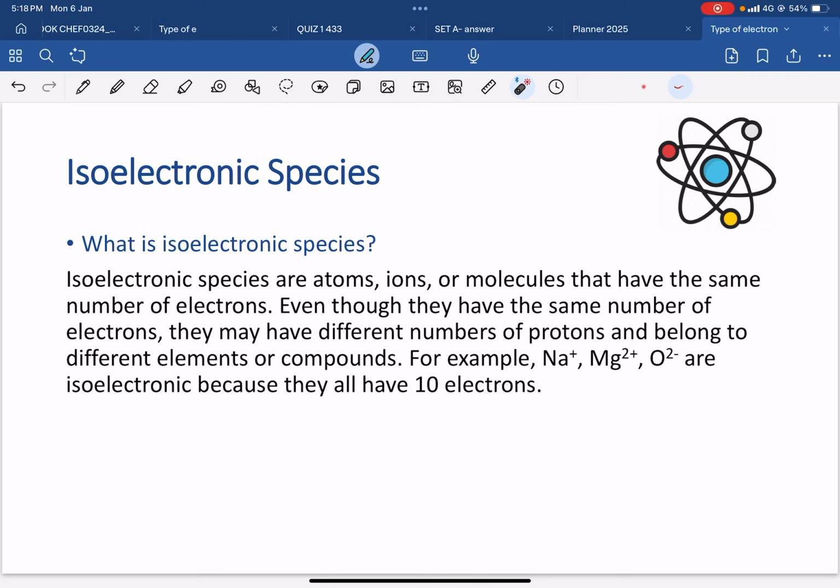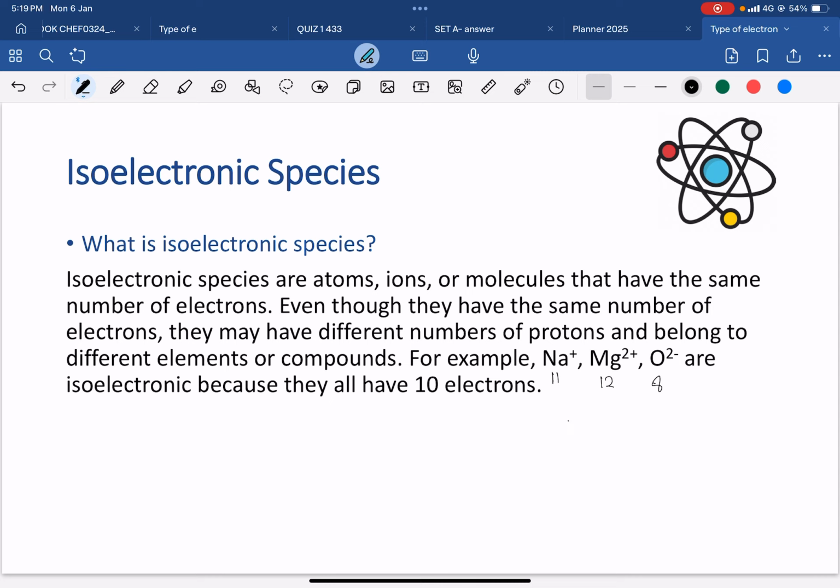They are isoelectronic because they all have 10 electron. Okay, they have 10 electron, but then kalau kita tengok, Na ada 11 proton, magnesium ada 12 proton, oxygen 2 minus ada 8 tak silap. Yeah. Okay, so 8 proton. So nampak tak dia ada beza.